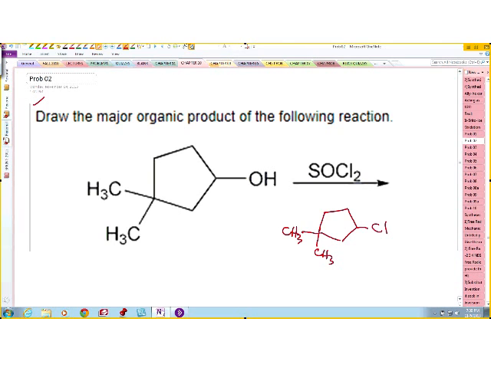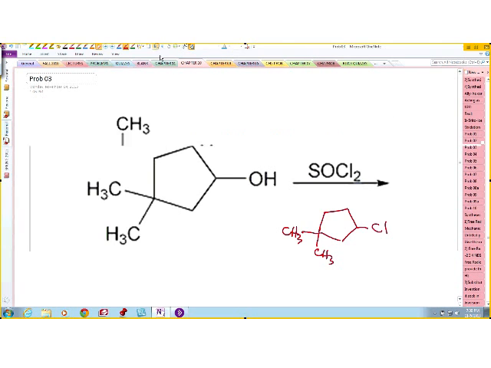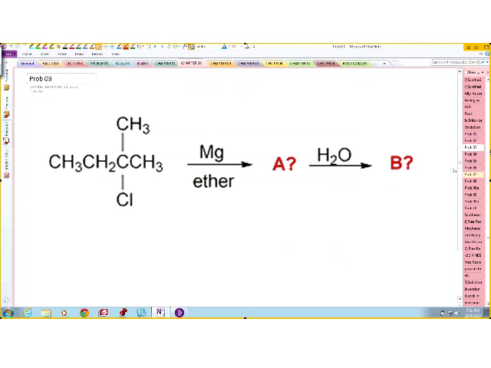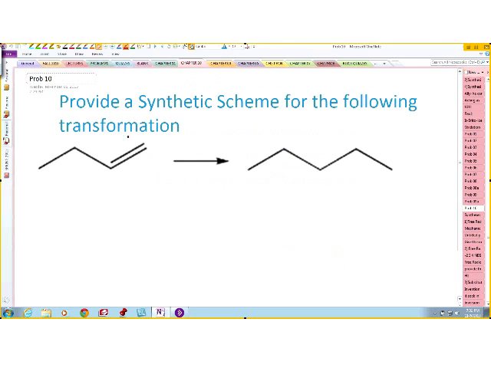Think about this one before you come back on Thursday. Provide a synthetic scheme for the following transformation. Think about that, and then there will be a short 10-minute quiz on Thursday.